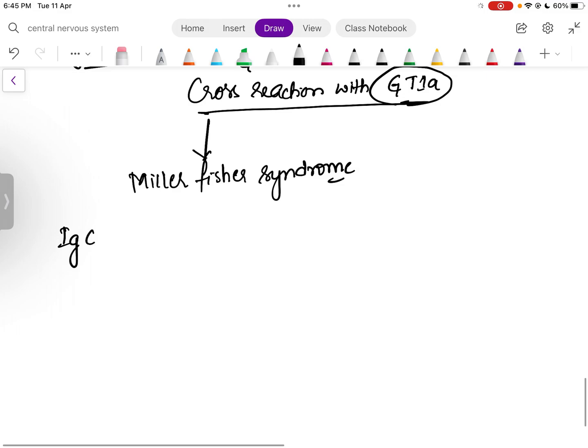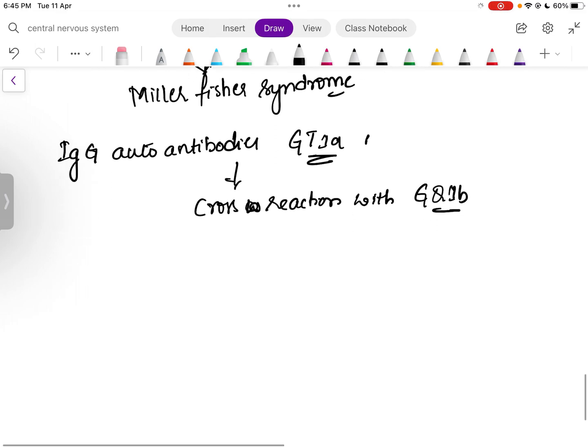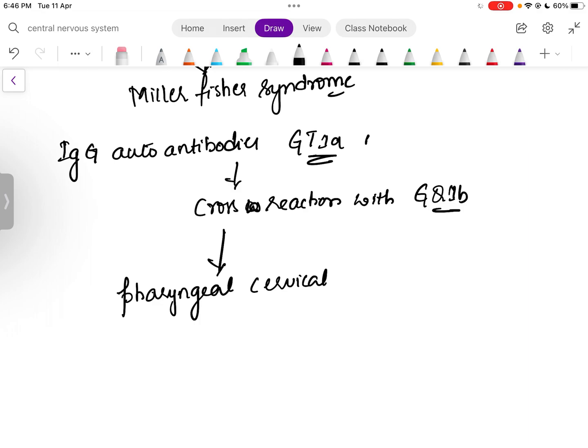When IgG autoantibodies are directed to GT1A, and there is a cross reaction with GQ1B, then we will get the subtype of Guillain-Barré syndrome that is pharyngeal, cervical, brachial weakness.